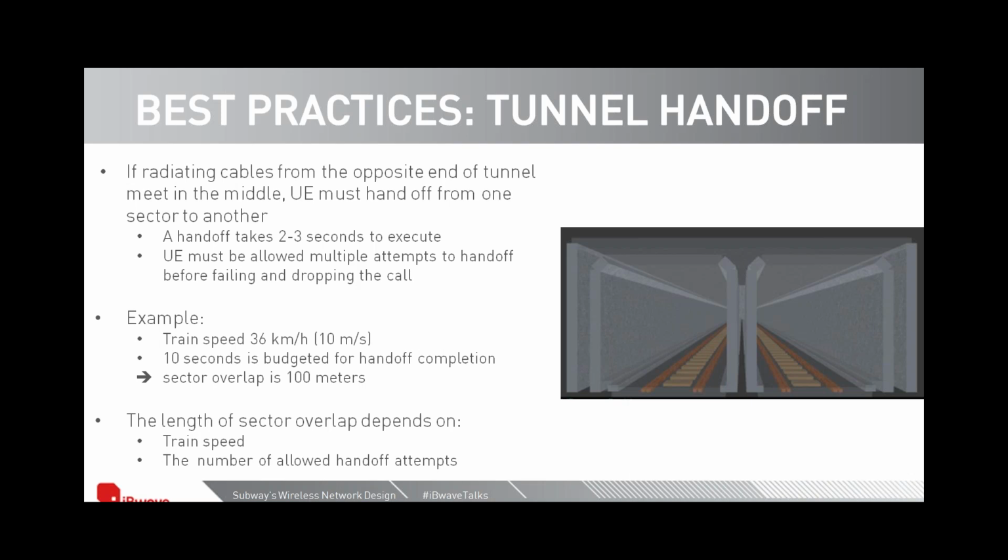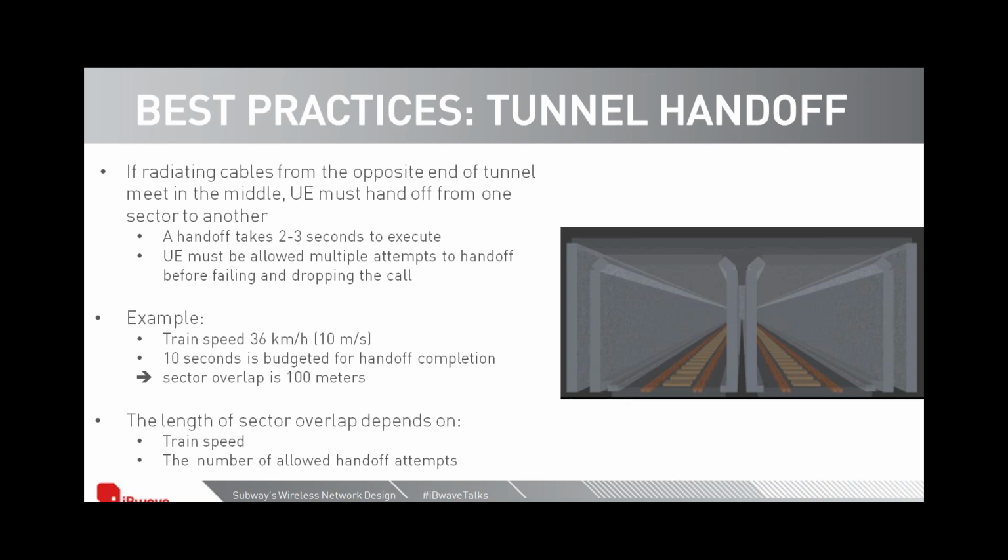So let's take a look at what it means in terms of radiating cable overlap, or the sector overlap. If the train is going at 36 kilometers per hour, which is 10 meters per second, and if 10 seconds is needed for handoff to be completed, then sector overlap is 100 meters.